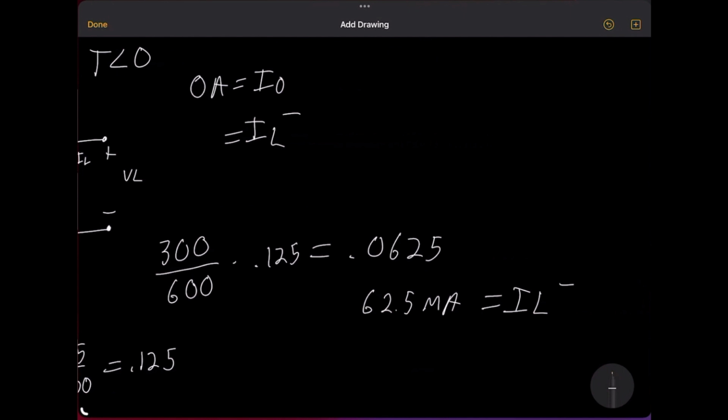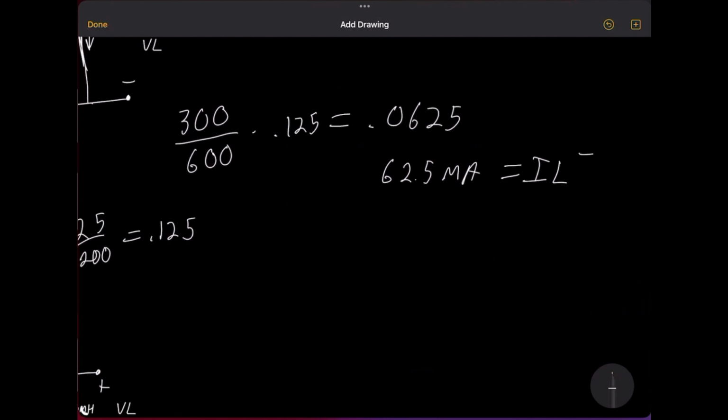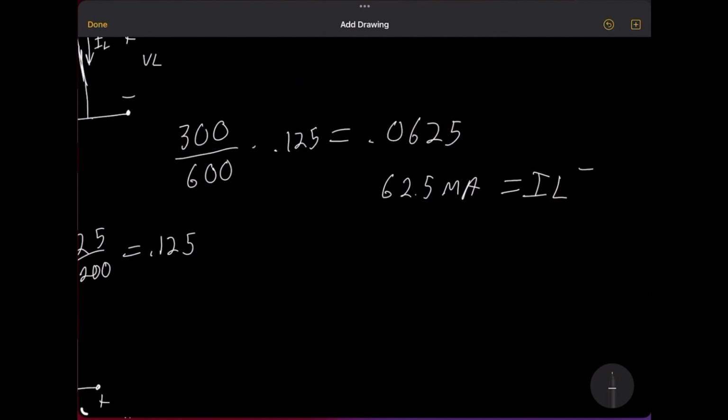Okay, so now that we've figured out our initial current through the inductor, if you take differential equations, this value is going to be our initial. It'll be basically our I of 0, right? If you have your IVPs and whatnot, that is going to be our I naught, our initial starting point.